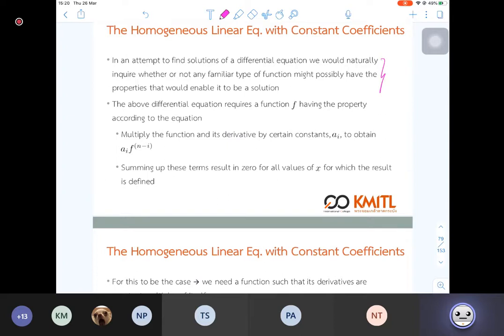So this is just saying that you want to find some function which can be a solution, and it has to have some properties to be a solution.